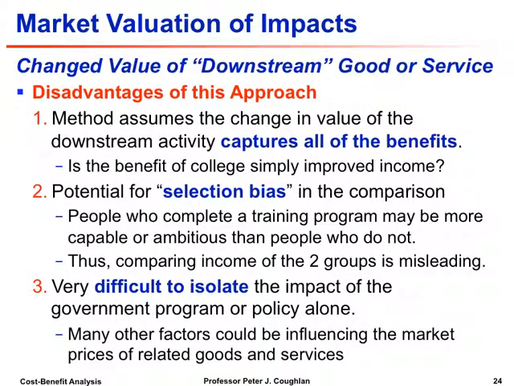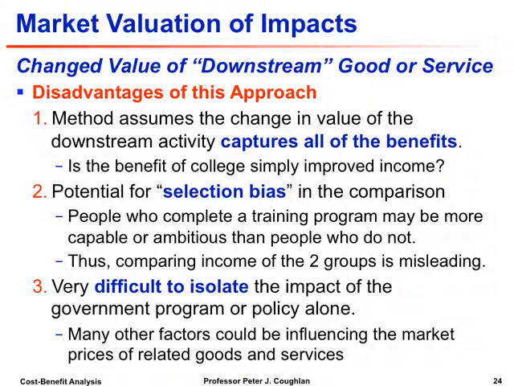Now, there are disadvantages to the approach, as there are to all approaches. It assumes that the change in the value of the downstream activity captures all the benefits. What's the benefit of college? Is it really just changing income? Arguably, some people go back to school and get their MBA and have less income.